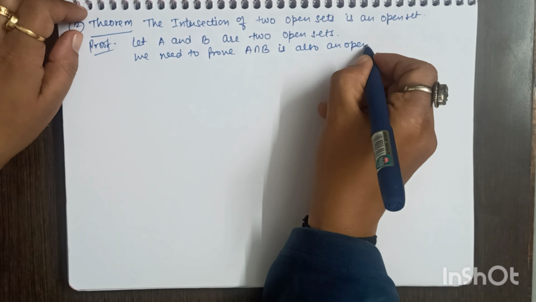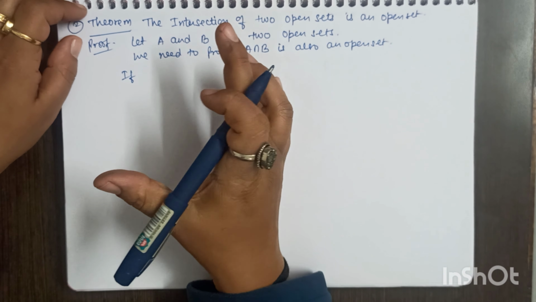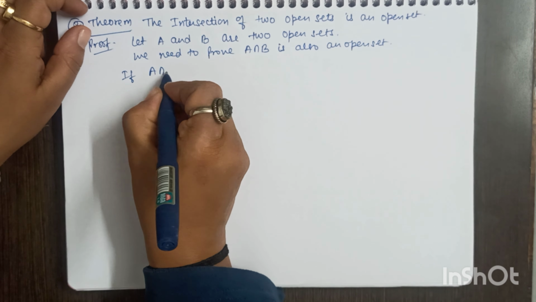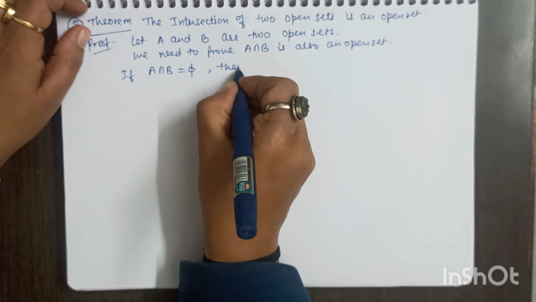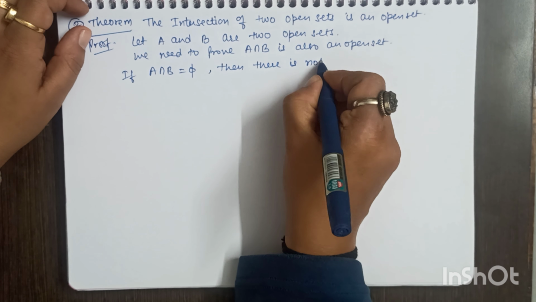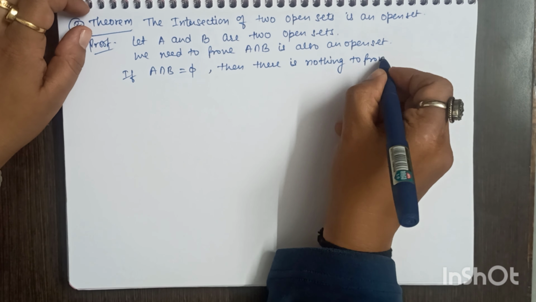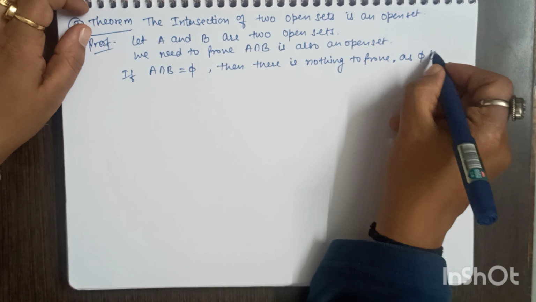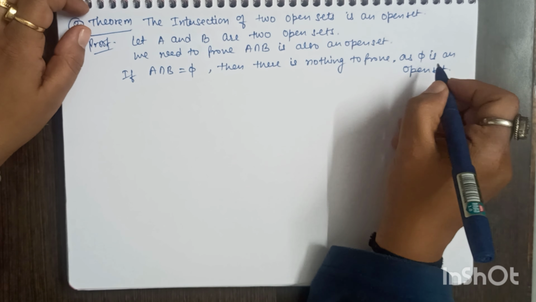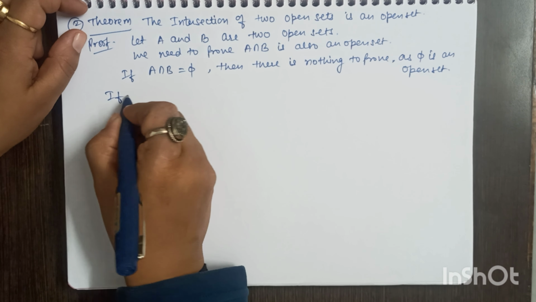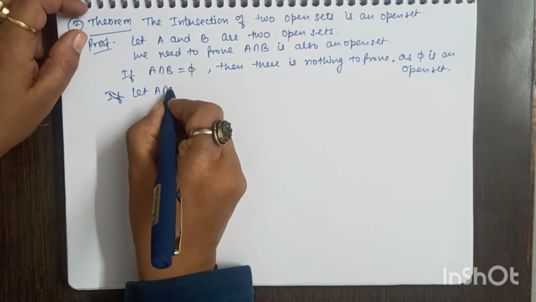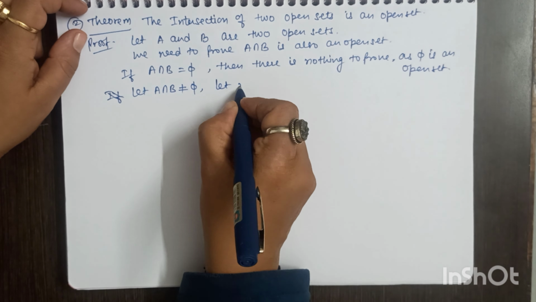If A intersection B is empty, then there is nothing to prove as the empty set is an open set. So A intersection B will be open. So we consider that it is non-empty, and it has some elements.